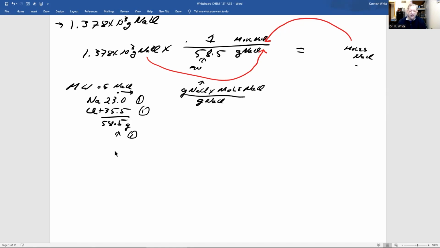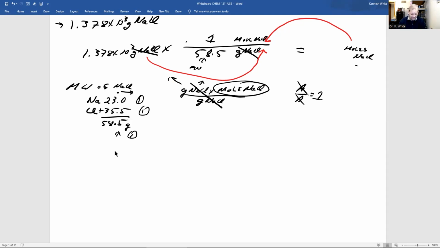That's what this equation above is. So anything divided by itself equals the number 1, cancels out. This cancels out, this cancels out. I'm left, yay, with the right units. So this cancels out, this cancels out. I can pick up my calculator.